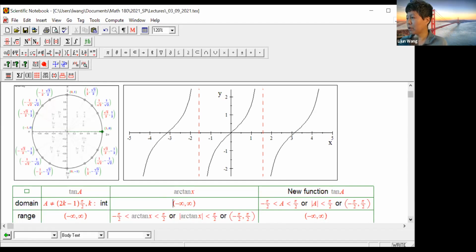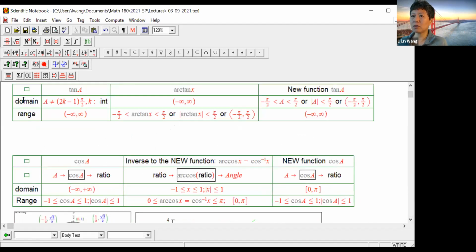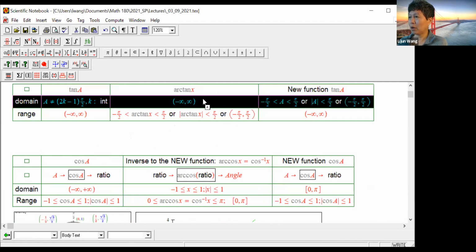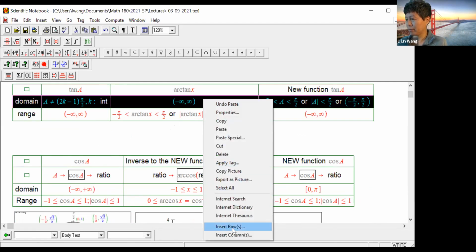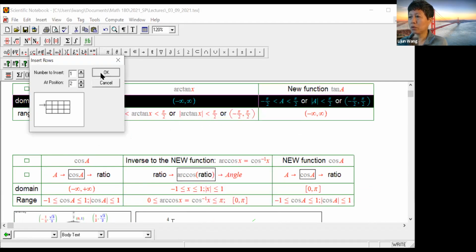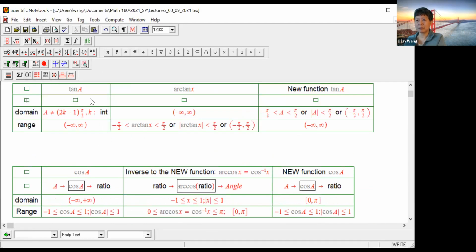So let's look at the function mechanism, which I want to remind you of. I always want to remind you these basic things. The mechanism, tangent takes what? What kind of input?